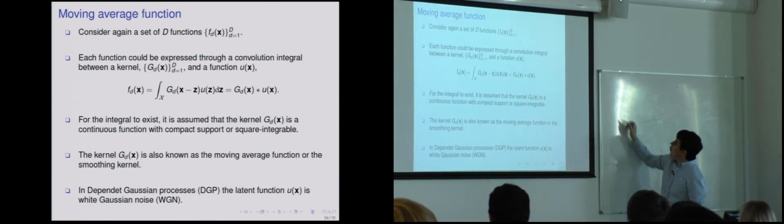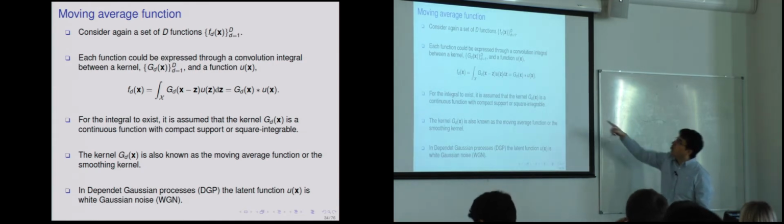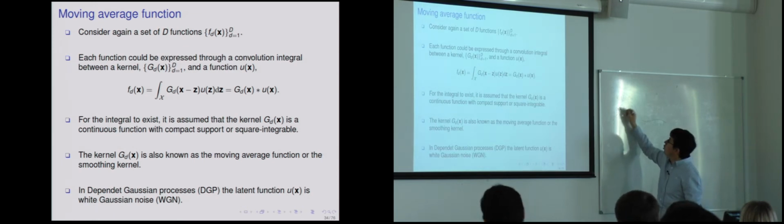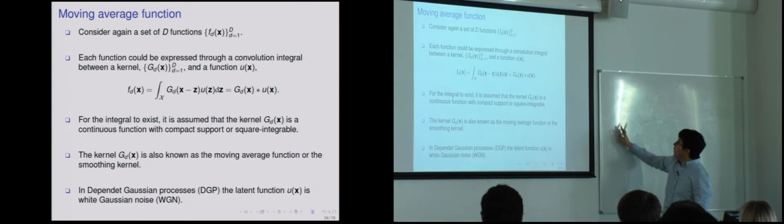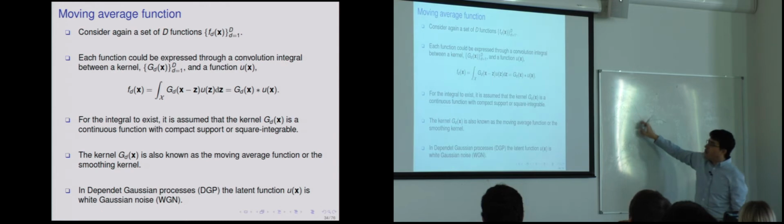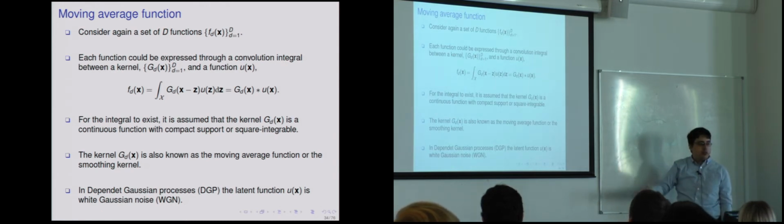For each of the points in which I move this smoothing kernel, I compute the integral between this portion of the underlying signal and the smoothing kernel. Then I move the smoothing kernel and compute this integral again, and I keep moving it like that. So basically, if this sample is very rough, by doing this integration I'm sort of smoothing that sample.